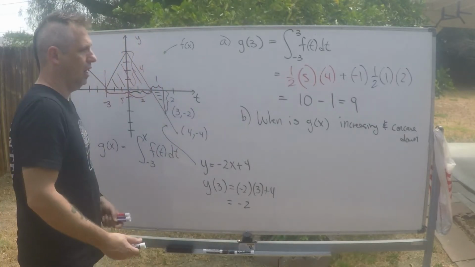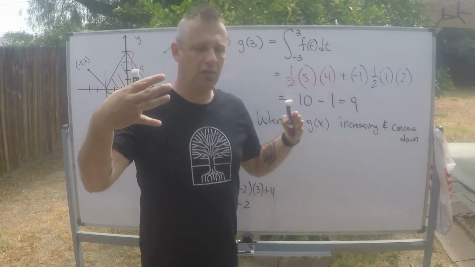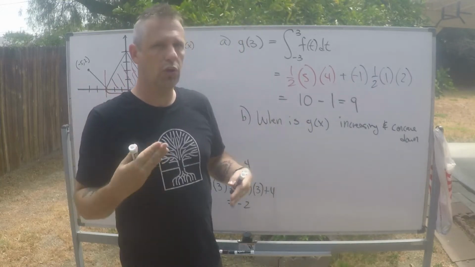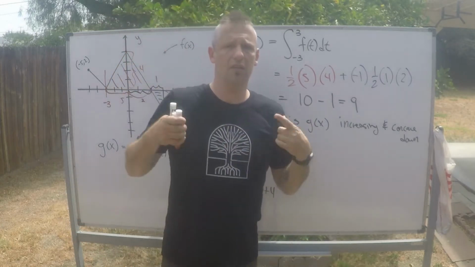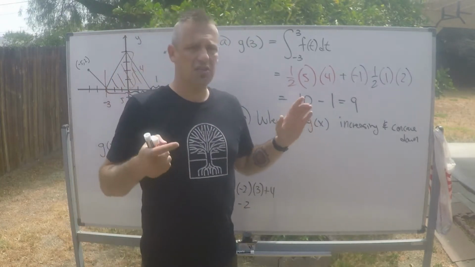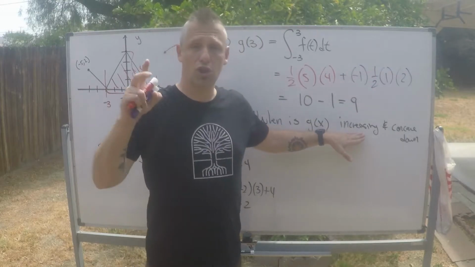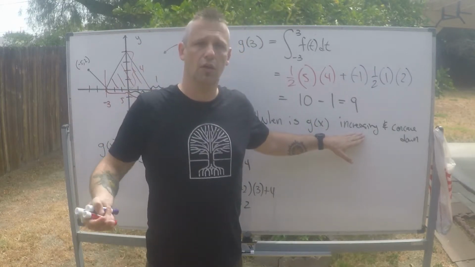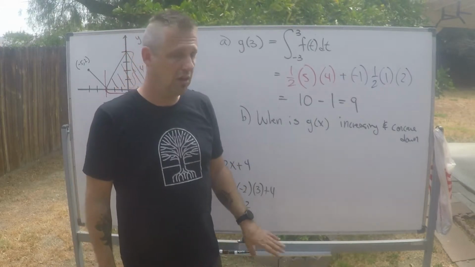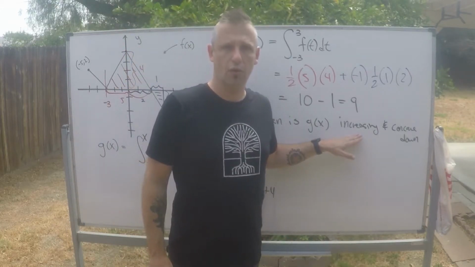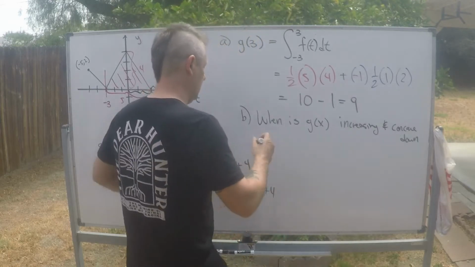So it has to do with how the derivatives of a function relate to the shape of a function. You might remember the sign of g prime, the sign of the derivative of g, is related to the increasing, decreasing behavior of g. If g prime is positive, then g is increasing. The graph of g is increasing. So here's what we need.